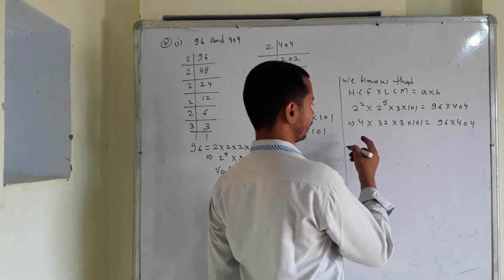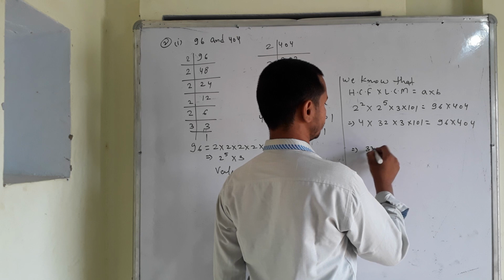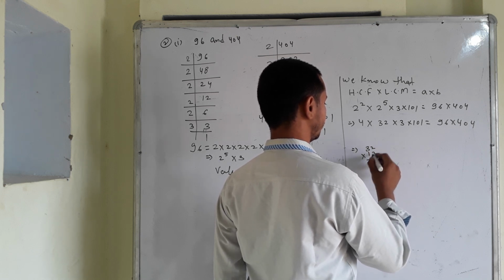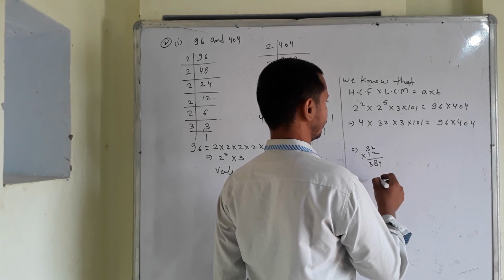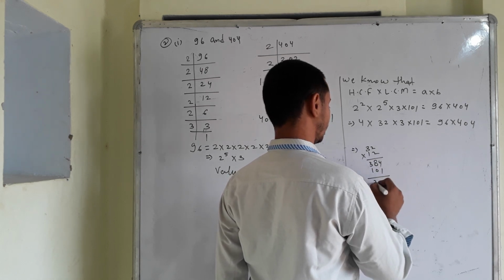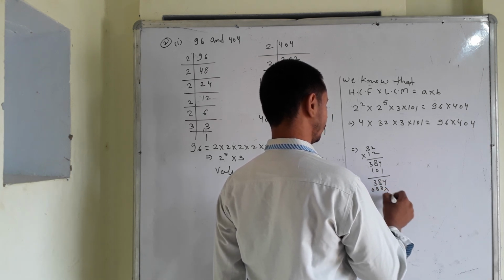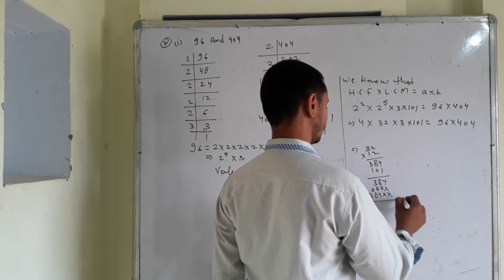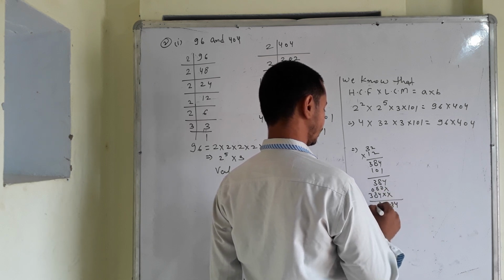Multiply the numbers, then we find, multiply 32 by 12, then we find 384, and multiply by 101, then we find 38784.